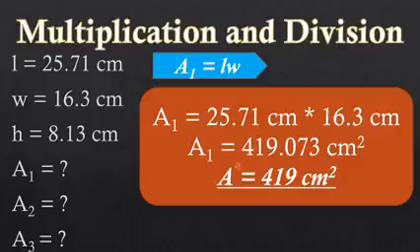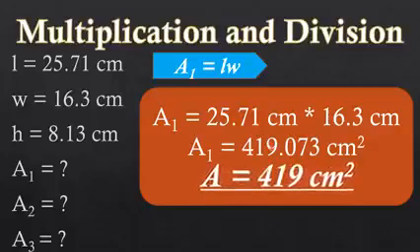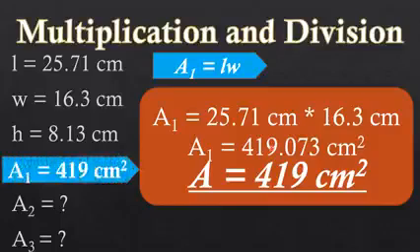So dapat yung magiging final answers natin here must contain the least precise measurement, and that is tatlo kanina. Dapat tatlo lamang yung significant figures ng area natin. Therefore, the final answer for the first area is 419 square centimeters. Okay? So that is our first surface area.